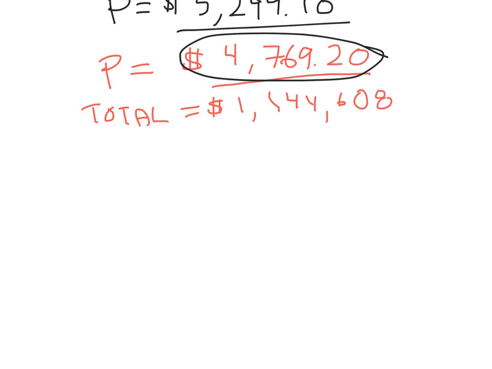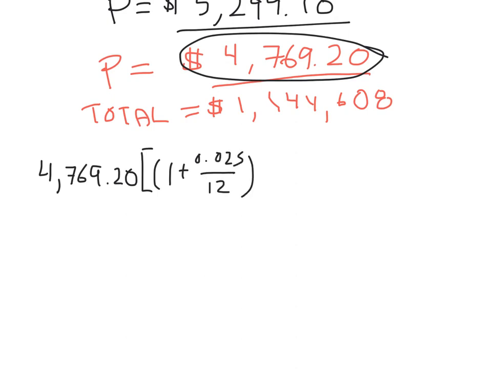So in our annuity side, in our borrower side, we're going to use that value as our P. We've still got the same interest rate, compounded monthly, but now for our N, we're going to use the remaining amount of interest periods or payments.